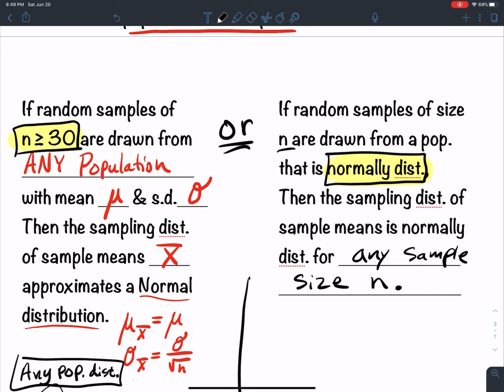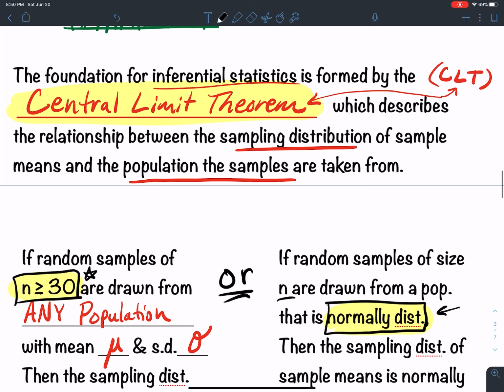So it doesn't matter if n equals 5 or 25 or 50. It doesn't matter on the size. If we know that the population is normally distributed, then I don't have to have some limit of n greater than or equal to 30. So what is this saying? In order to use the central limit theorem, I either need to have n greater than or equal to 30, or I need to have a normally distributed population.